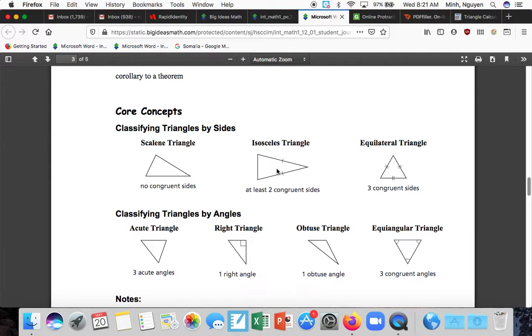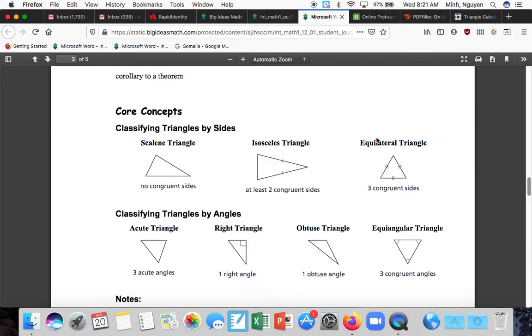So this side is pointing to this angle, and this side is pointing to this angle, because they're across from each other. So if these sides are congruent, which they are in this picture, then these two angles right here are also congruent. One right there, the other one right there.